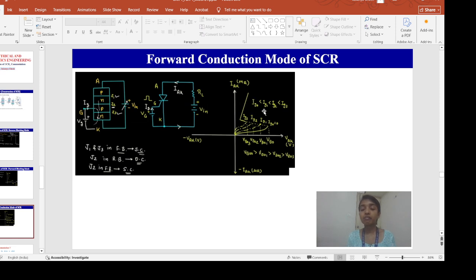The holding current value is always less than the latching current. So this is all about the three conduction modes of the SCR.